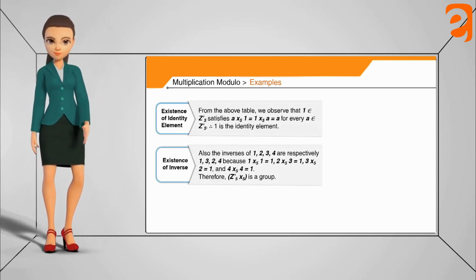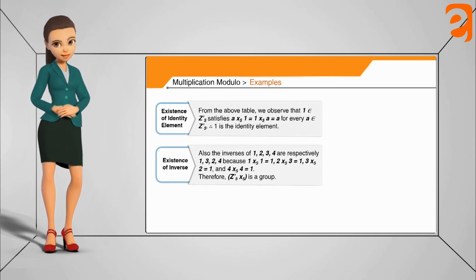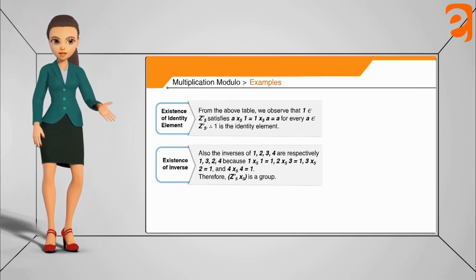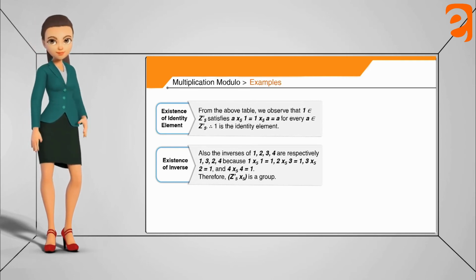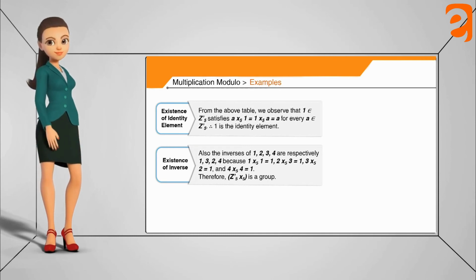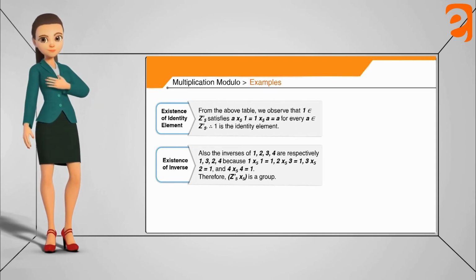Next, our job is to find the inverse. Inverse means that if you take one number and another number, their multiplication should be the identity number. So what you have to do is look at the table. For every number where you find the identity, which is 1, move to the top head of the table, whatever be the number, that is going to be the inverse of that number.